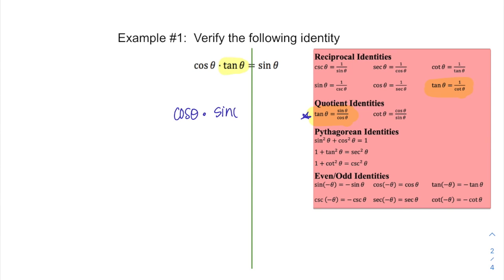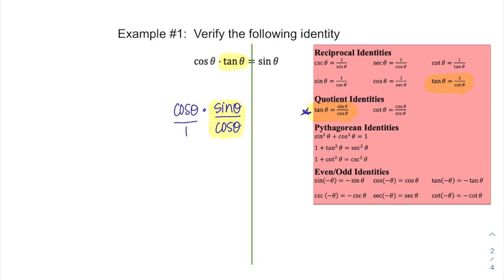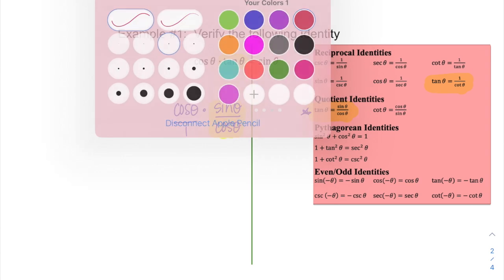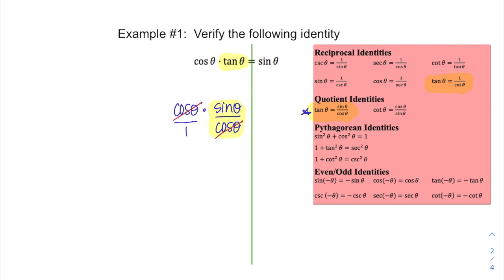Tangent's going to turn into sine theta over cosine theta. I'm just going to highlight it so you can see what we're doing. Now that I have cosine theta times sine theta over cosine theta, I can cross out these two cosines. They cancel each other out. What I'm left with is just sine theta. Well, that's what I want it to turn into. So I'm done. Your end work is the answer, is seeing all of those steps.